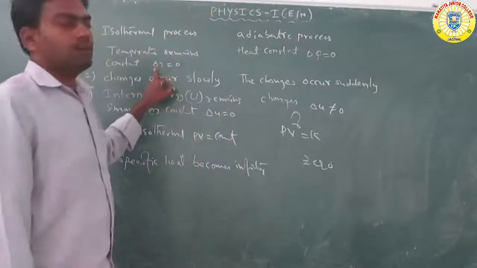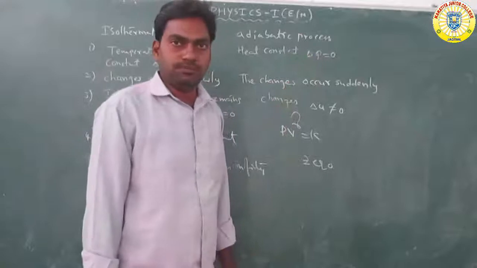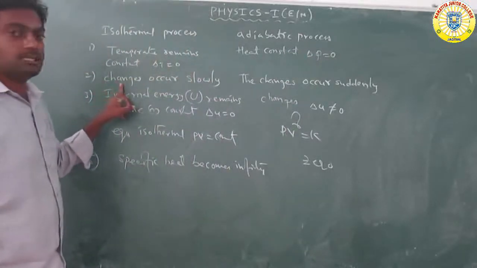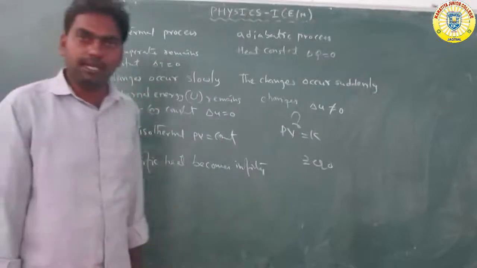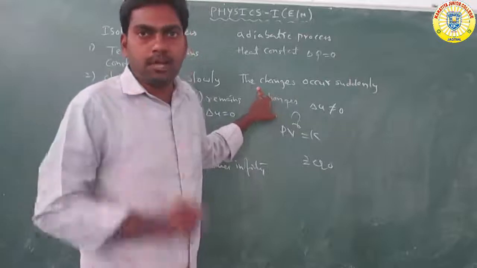Here delta T is equal to 0, there delta Q is equal to 0. In the isothermal process the changes occur slowly, and here the process is very sudden and quick.